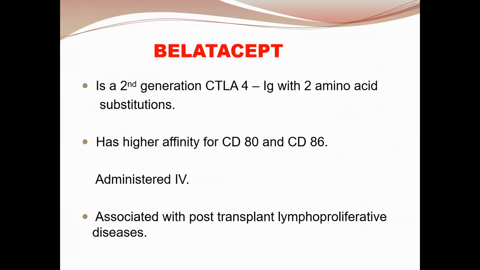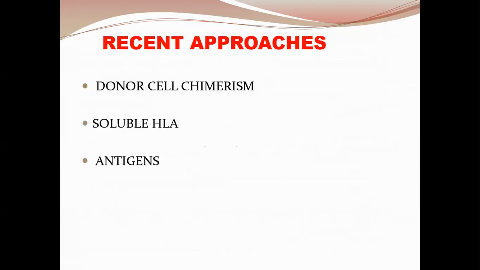It is administered intravenously, and it is associated with post-transplant lymphoproliferative diseases. Then we have the recent approaches in these immune suppressants, that is, the recent approaches are donor cell chimerism and soluble HLA, human leukocyte antigens.